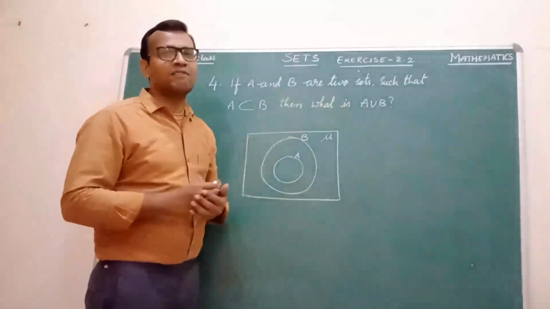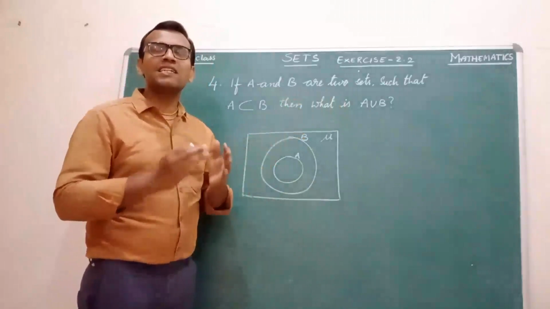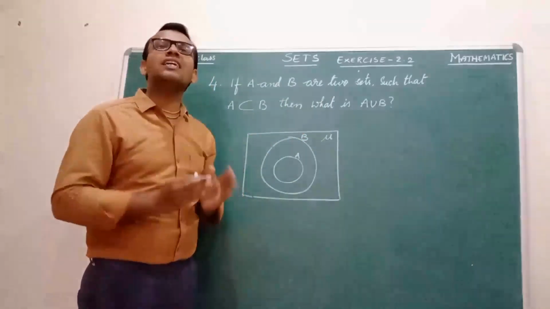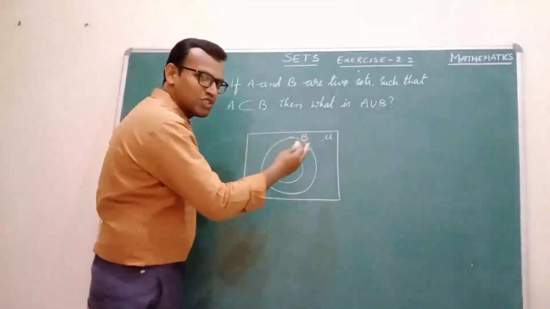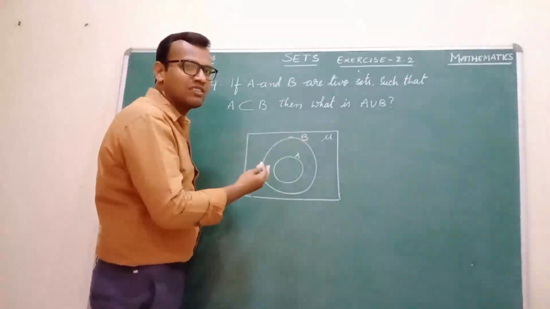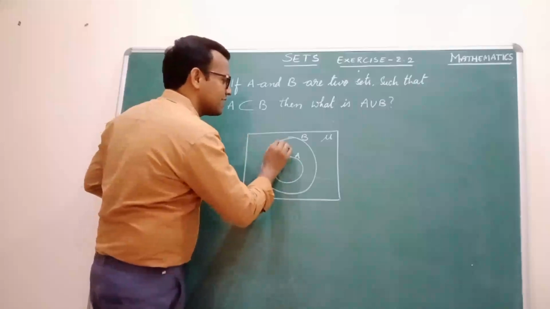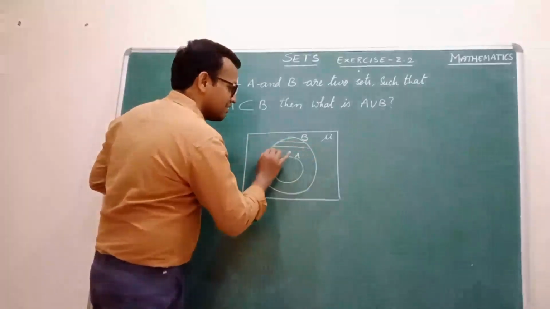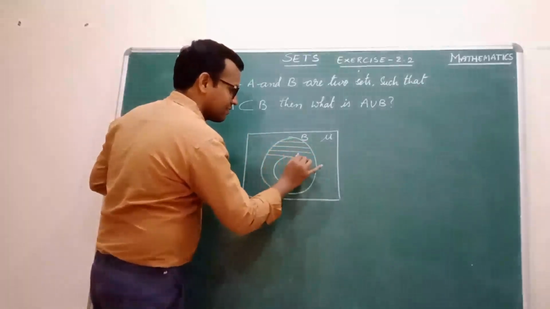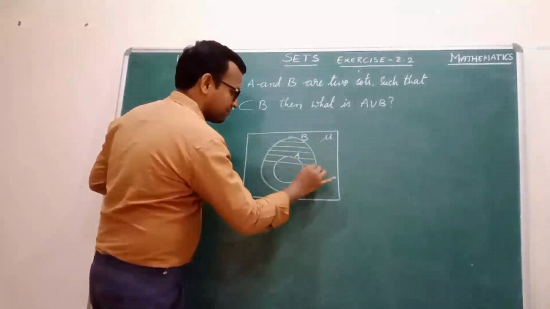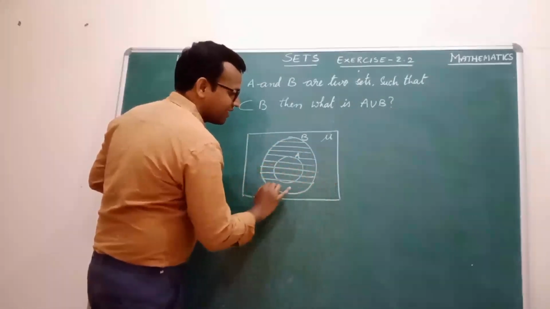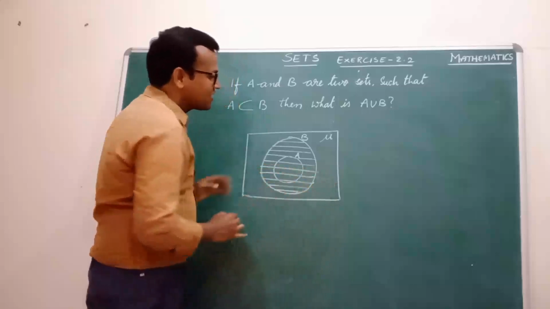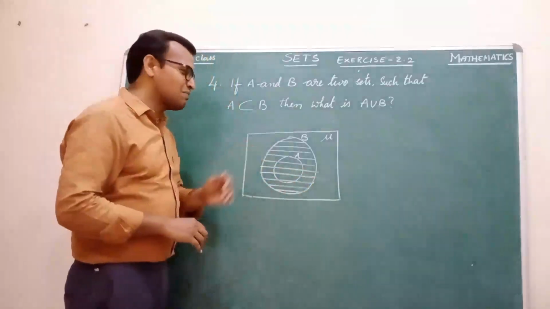What is union of sets? Union of sets is nothing but the set of all the elements of A and B. Now set of all the elements means we have to shade the whole regions of A and B. Yeah, let me shade that. So if I shade B, then automatically A is also shaded, because A is a subset.